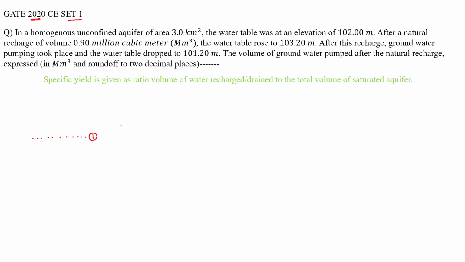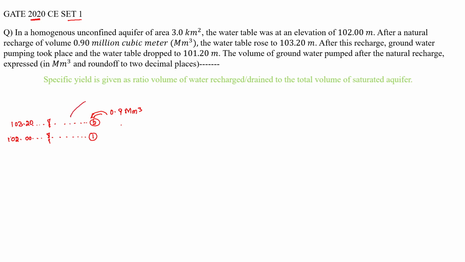Essentially the question is like this. This is case situation one, with the water table at 102.0 meter. Now what happened? You have added 0.9 million cubic meter of water. Because of this the water level became 103.20.